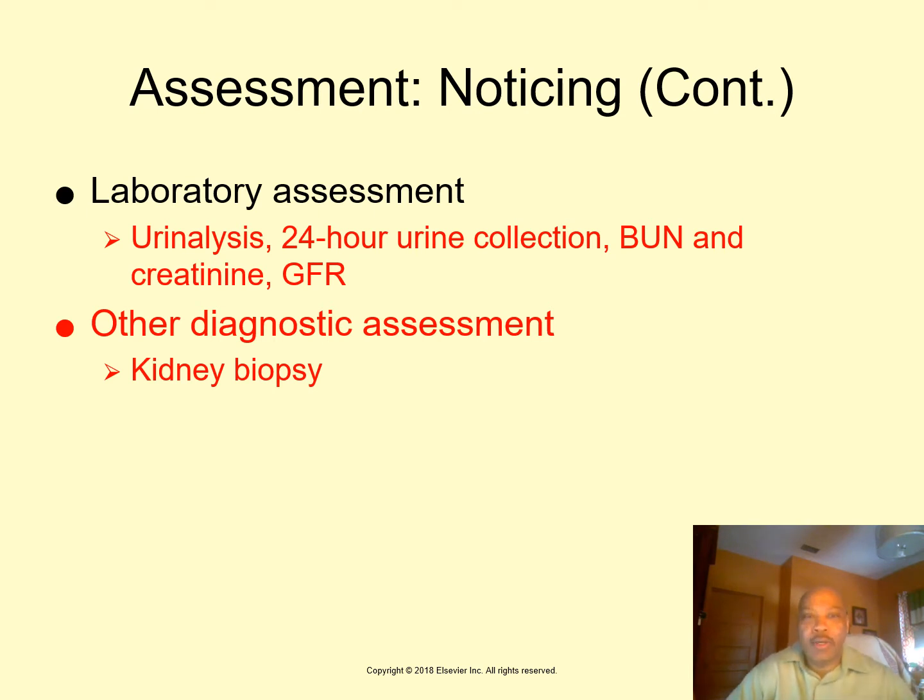So let's take a look at some laboratory tools that we can use to rule in or to rule out this disorder. One of the biggest findings when we utilize these tools is that they will reveal a significant amount of hematuria, or blood in the urine, as well as proteinuria.